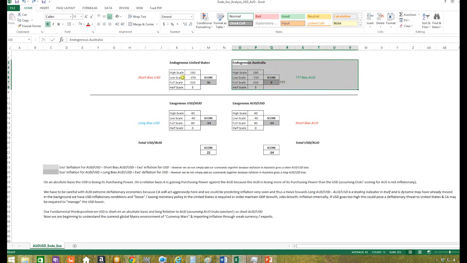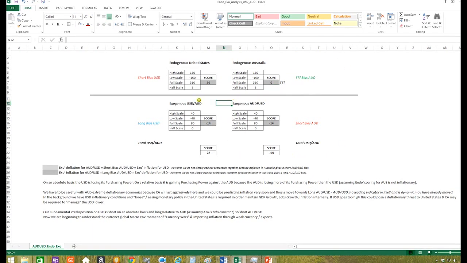So then we move on to the relative situation where we scorecard exogenously, and we're just saying in this overall analysis that endogenously Australia is contributing neither positively nor negatively on the scorecard to the overall analysis of Australia.